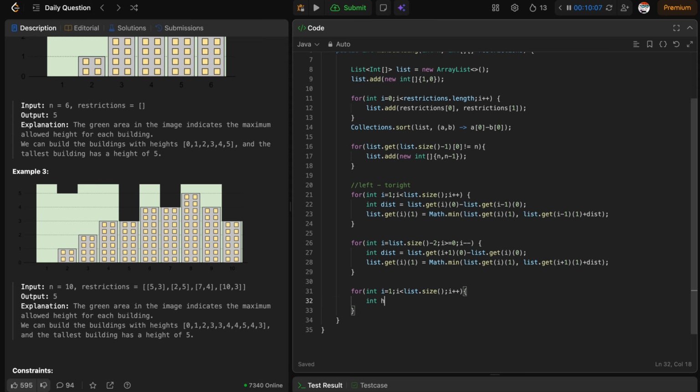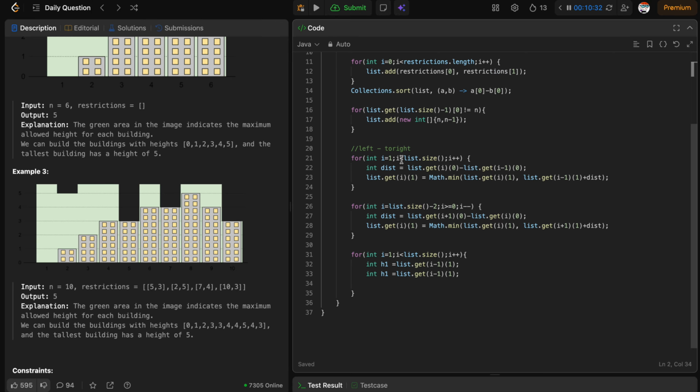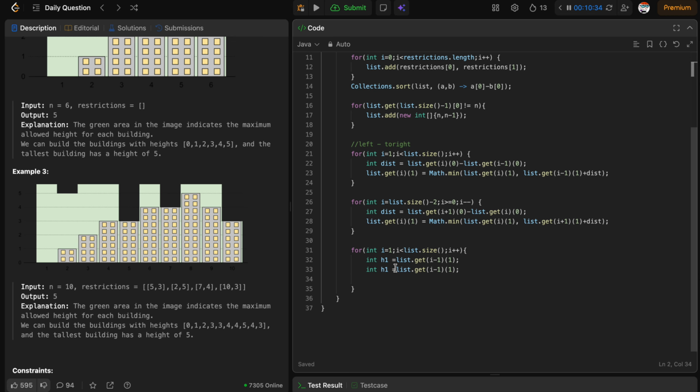Suppose h1 we need to find, and then list dot get i minus 1. We have the restriction as 1. We also need to find the distance, because distance is also crucial here. So total distance we need to find. Distance is one of the keys here. d1 will be 0.